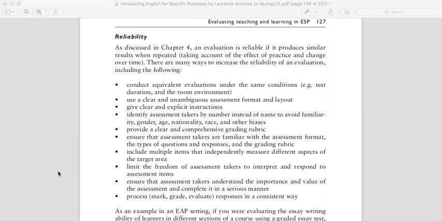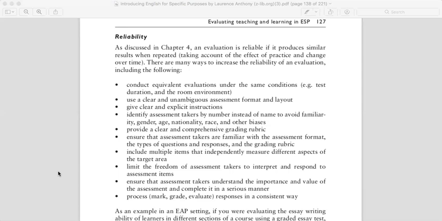If you or anyone of your friends is conducting a similar test with their students, and if they're getting the same results, that means that the test is reliable. Okay, so your evaluation becomes reliable when you're getting similar results in similar circumstances.